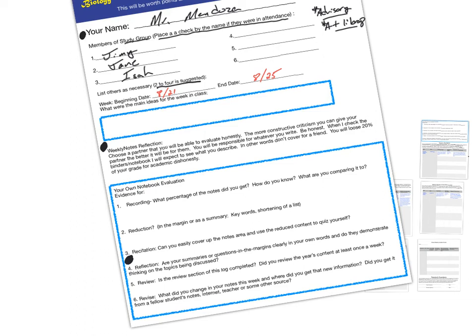Now it says, what were the main ideas for the week in class? Here, you can't do this box until the end of the week, so you'd have to wait till Friday when you got home, or Friday after class, or Saturday.